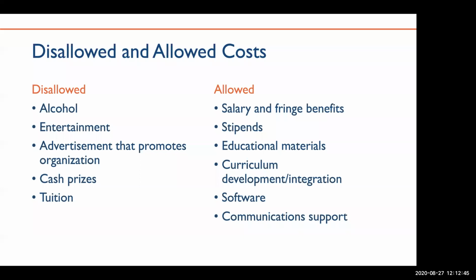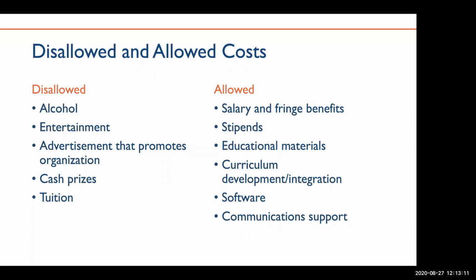The two bullets at the bottom of the disallowed column represent specific disallowed costs that are more specific to this award. So cash prizes to incentivize youth participation, as well as paying for youth to participate in the virtual exchange program are disallowed. You may not find those specific costs in the federal regulations, but these are specific costs disallowed for this type of award.